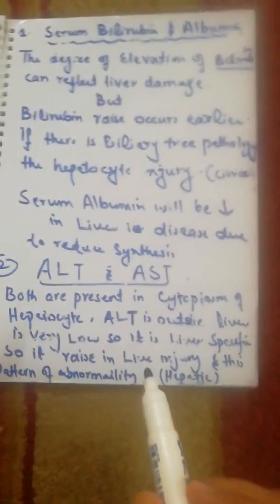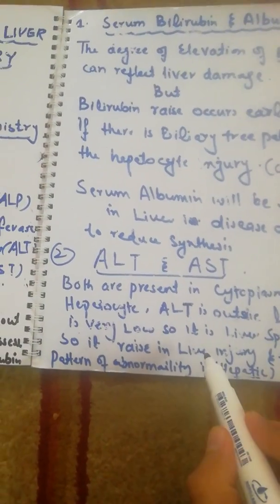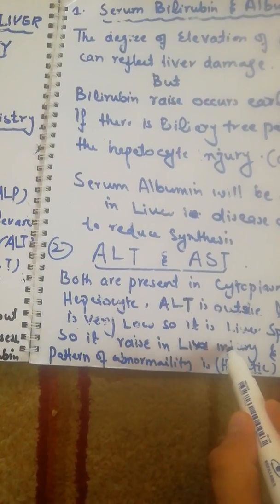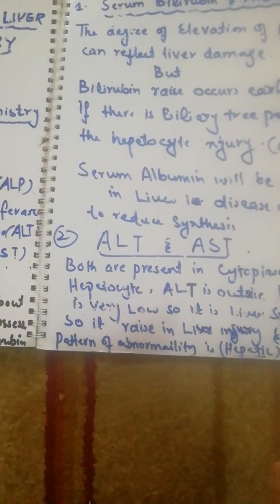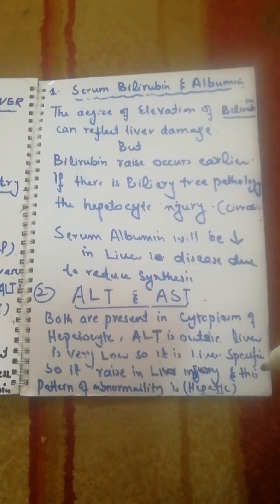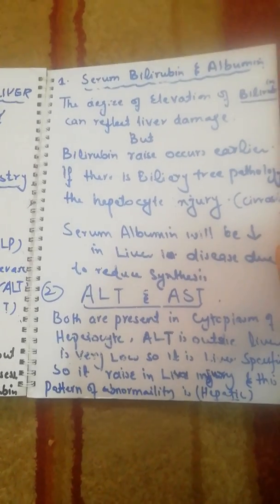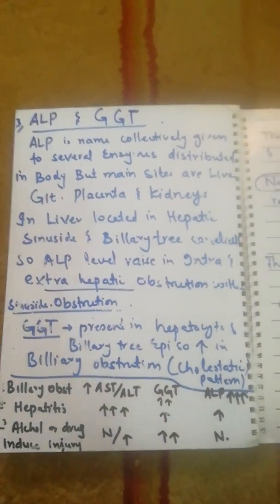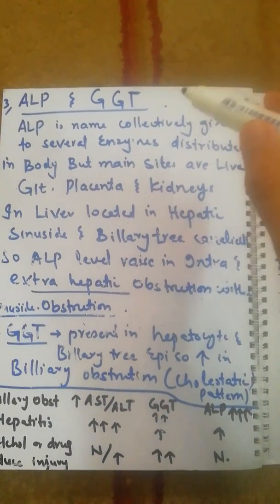So if there is a rise in ALT level, it tells us about liver injury, because this enzyme is not present outside the liver. This pattern of abnormality is known as the hepatic pattern, because it totally reflects the damage in the liver.